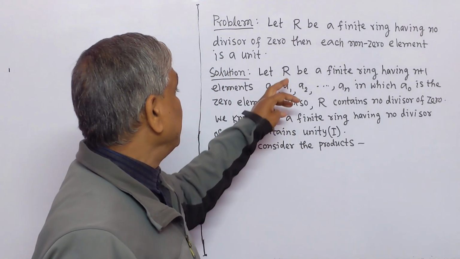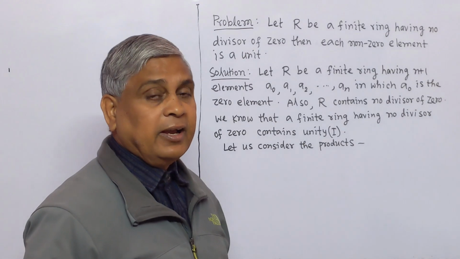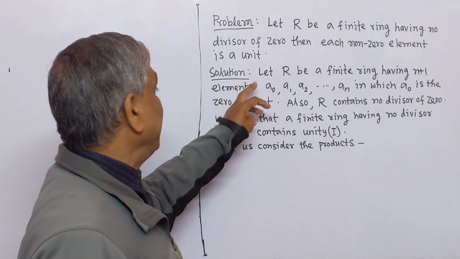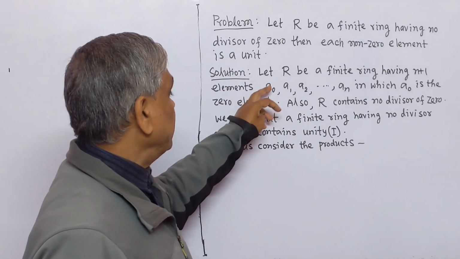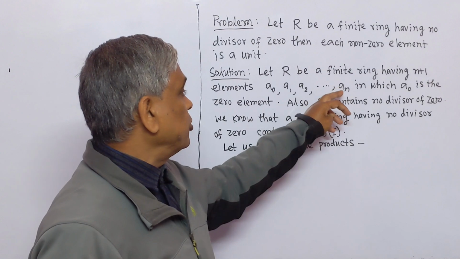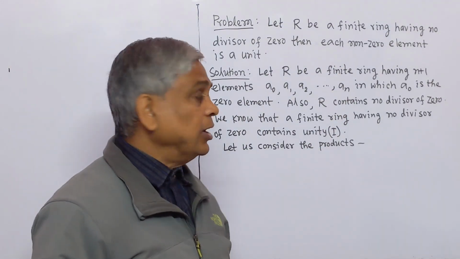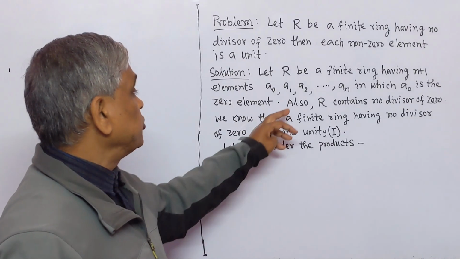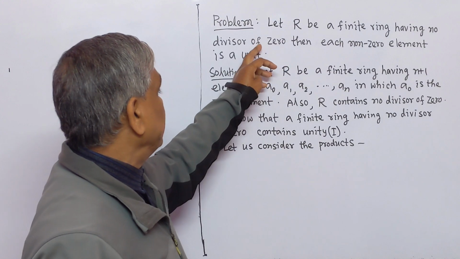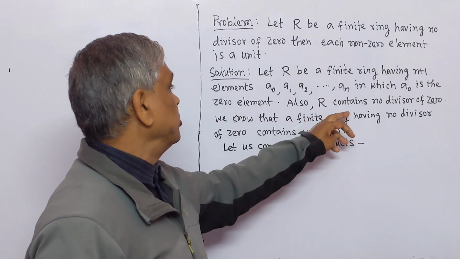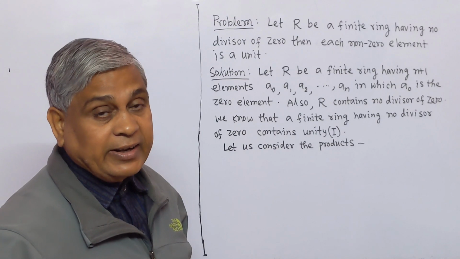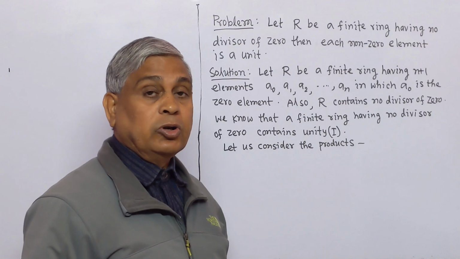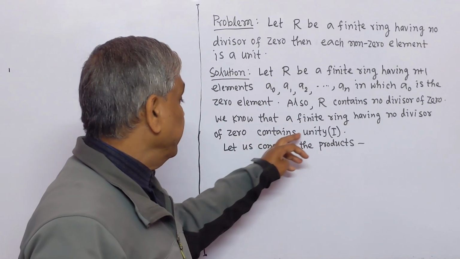Since R is a finite ring, let it have n plus 1 elements a0, a1, a2, ..., an, in which a0 is the zero element. Also, R contains no divisor of 0. We know that a finite ring having no divisor of 0 must contain unity I.